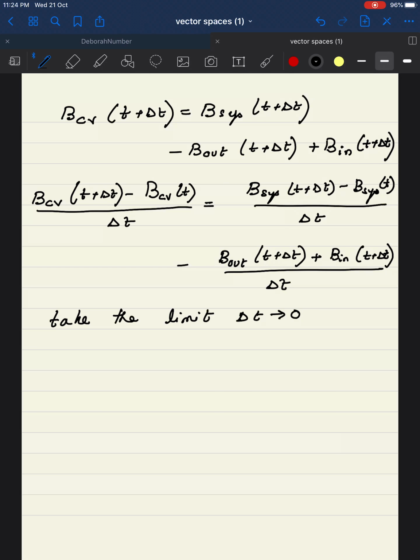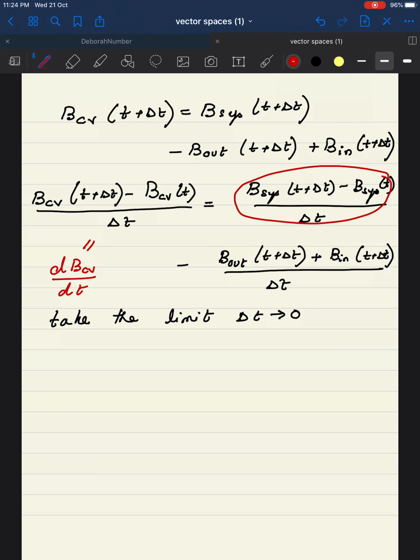Okay, but before I do that, I need to do one more thing. So this side will transform nicely. If you do this, then this will become equal to the time derivative, dB by dt.